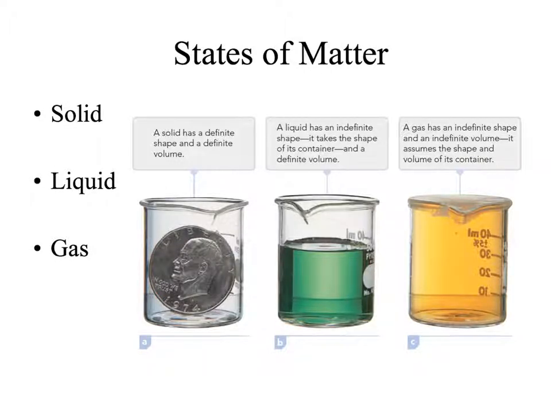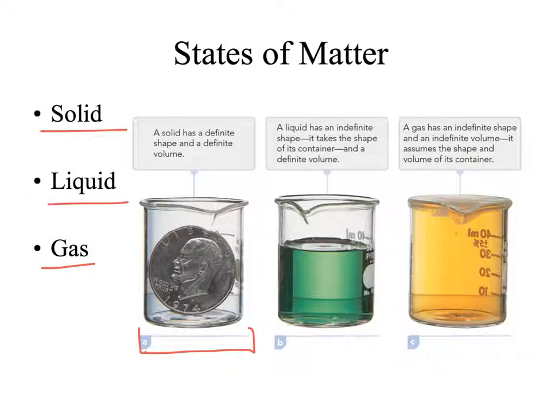We can define matter in terms of three different states: solid, liquid, and gas. A solid is a substance that has a definite shape and a definite volume. So we can see in beaker A, a solid is present. A liquid has an indefinite shape, which means it will take the shape of whatever container you put it in.